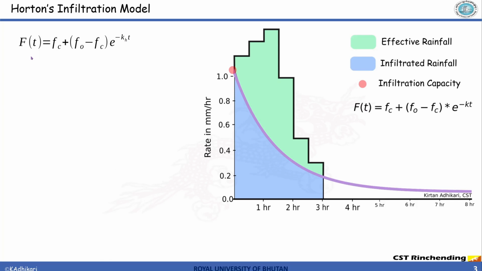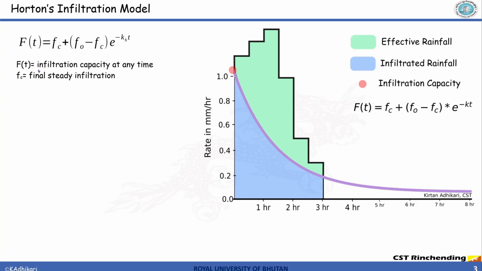Infiltration rate and infiltration capacity are one and the same thing. All the points on this graph are known as the infiltration capacity. It is the maximum infiltration rate at that particular time.